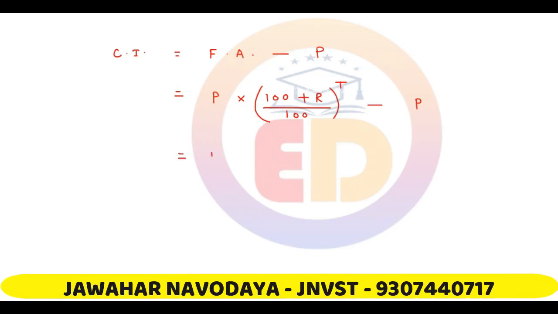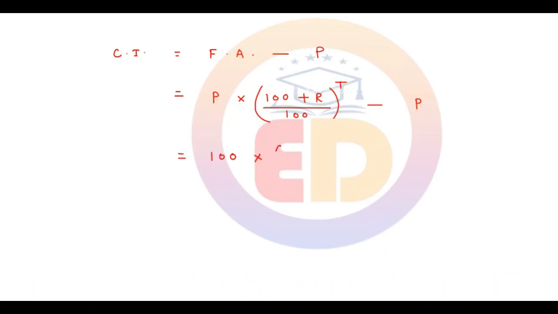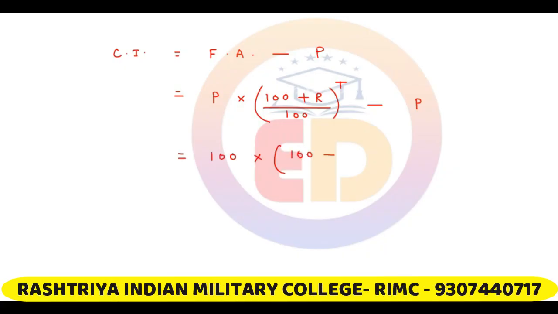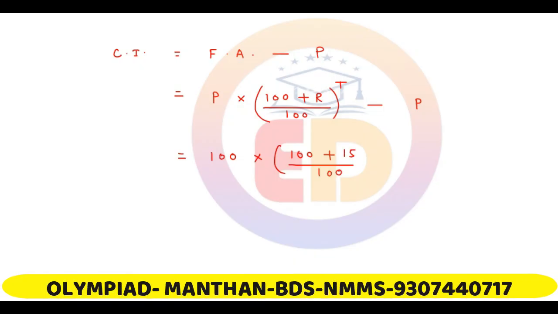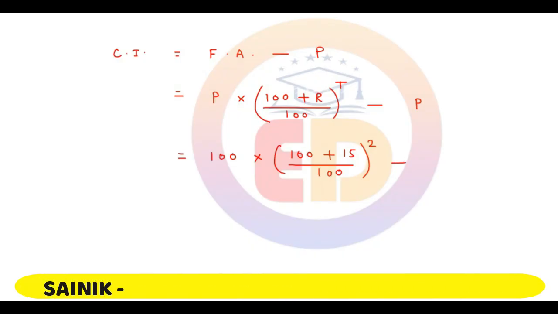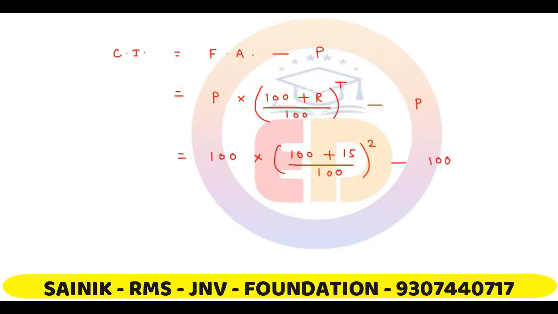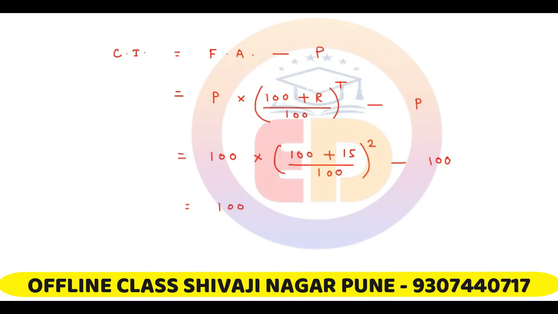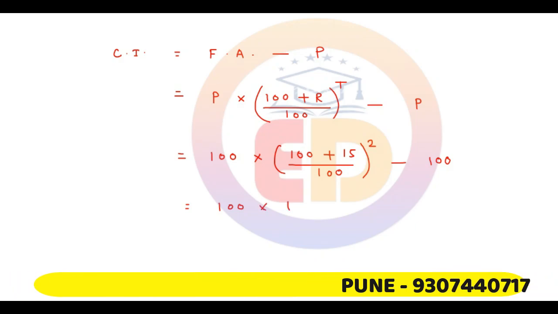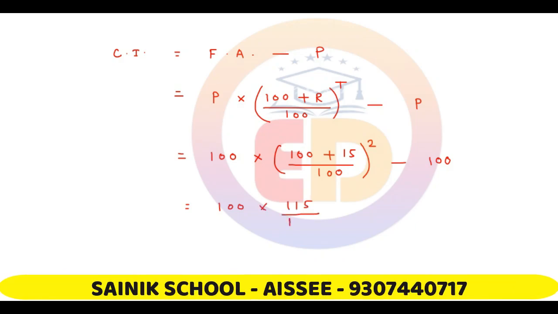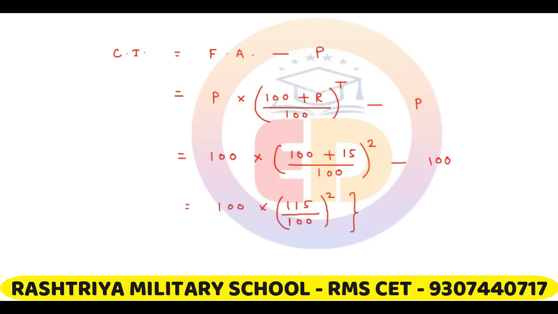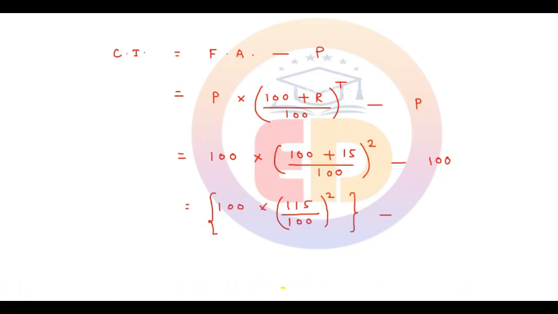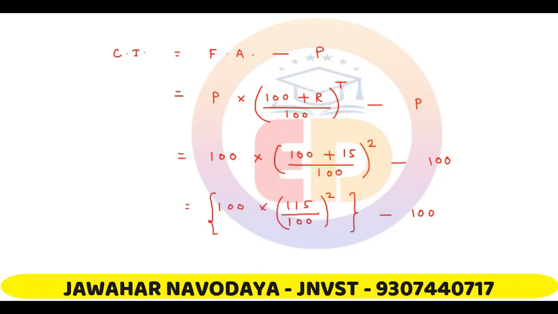Principal amount is 100 multiplied by (100 plus rate of interest, which is 15, upon 100) to the power 2, minus principal amount, 100. This will become 100 multiplied by (100 plus 15, which is 115, upon 100) to the power 2, and the whole term subtracted by 100.